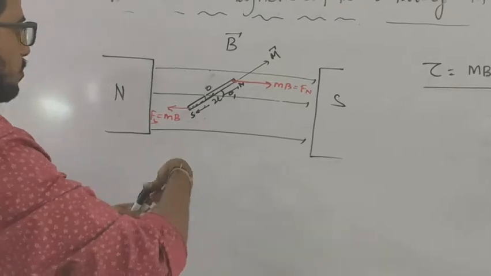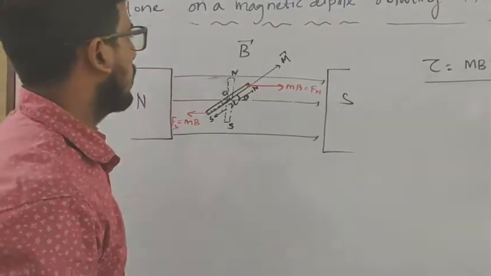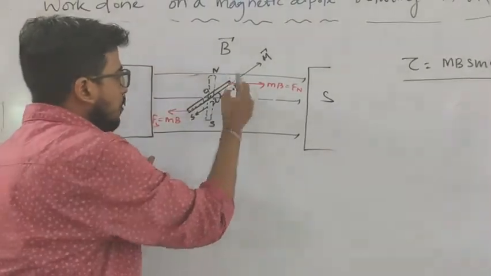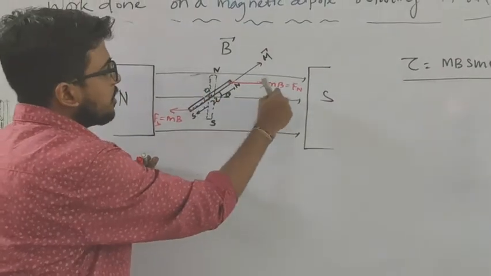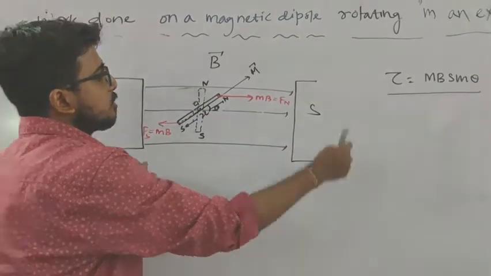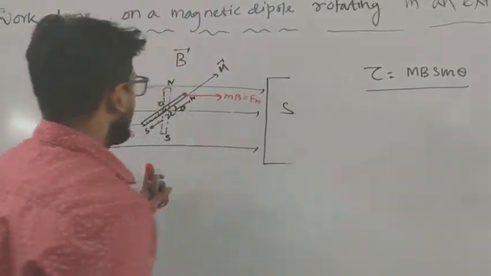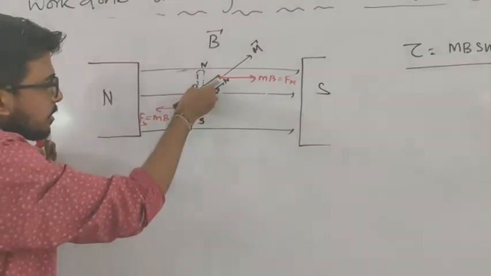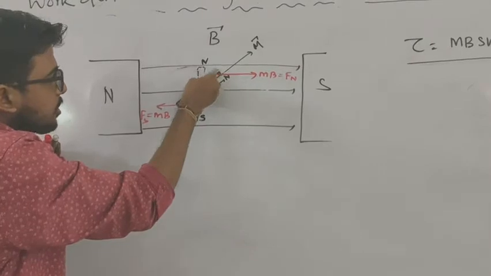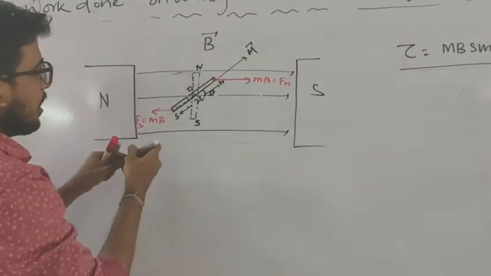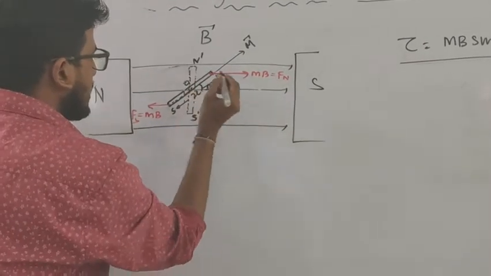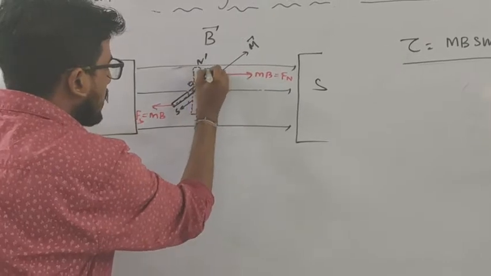Okay, so here initially the dipole is placed, which makes an angle theta with the direction of magnetic field strength. So the torque acting on it will be this much. You already calculated this one previously. So now if we want to displace this dipole from this position to any further position, let this be N dash and S dash, by a small angle d theta.